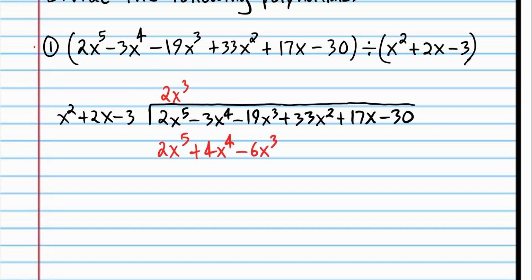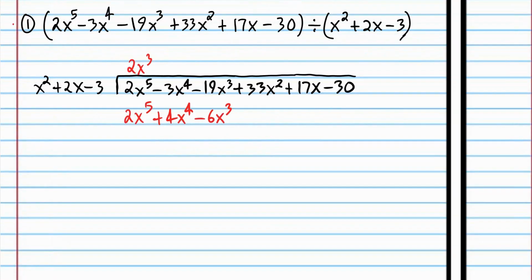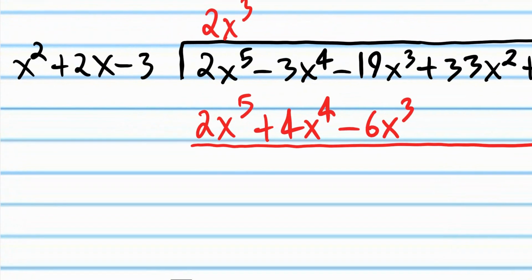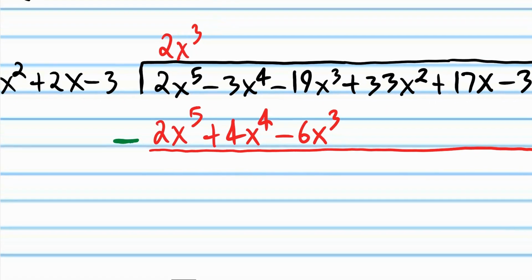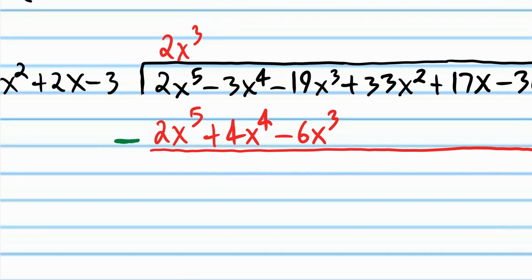That is step number two. So the third step is we're going to subtract. So we're going to draw a horizontal line all the way out to the end here. And when we subtract, usually we write a subtraction symbol here, signifying that the operation is subtraction. But we're not going to do that when we're dividing polynomials, because this subtraction symbol can be interpreted as a negative sign on the first term there, so that's a potential for confusion.